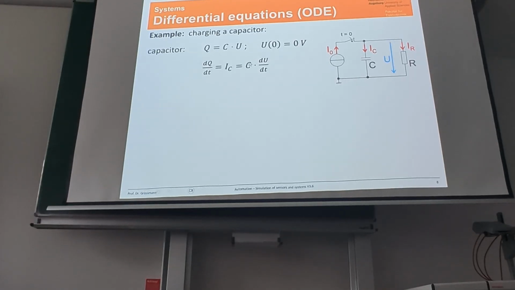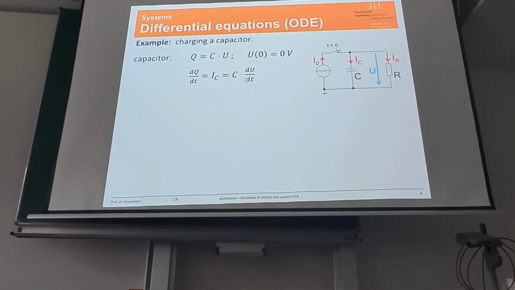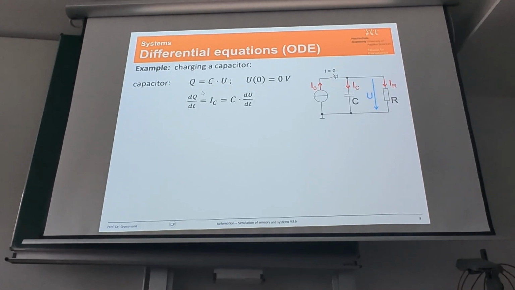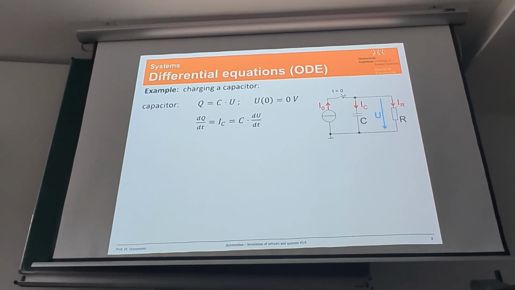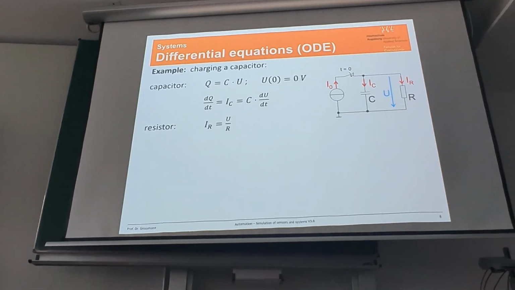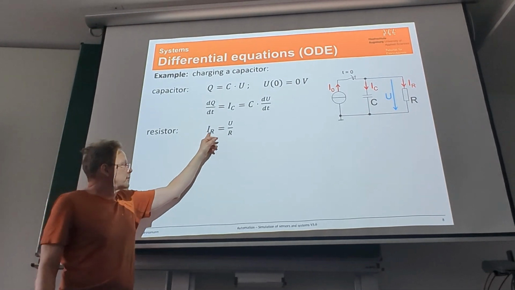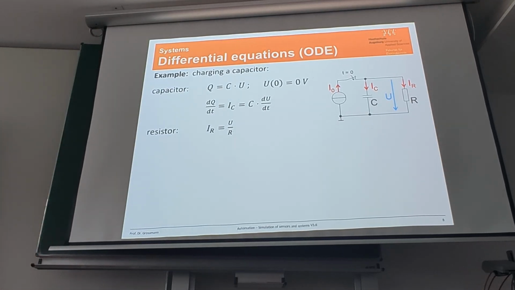The capacity, of course, is always constant, so it's just C times the derivative of the voltage, and this now is the component law, but that describes only this one component. Another component law is for the resistor. We know that's Ohm's law, so the current is just voltage divided by R. Let's say it's a simple resistor.